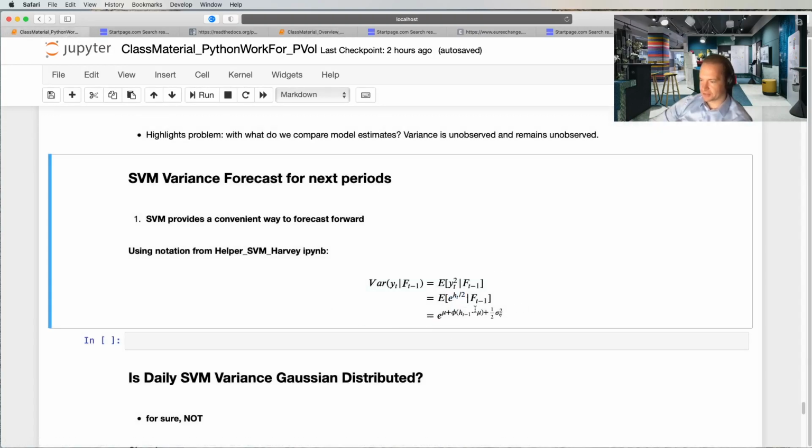Okay, and then you just see what's the expectation of the exponential of a Gauss. That's a trick you should make a red box around. It's just one trick, but it comes over and over again. It's the exponential of the expectation of h plus half the variance. It's the same trick, right?